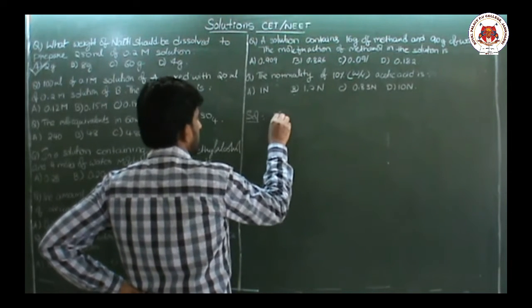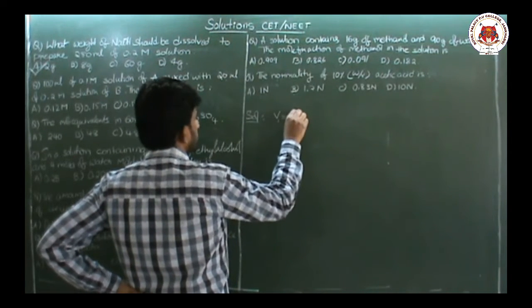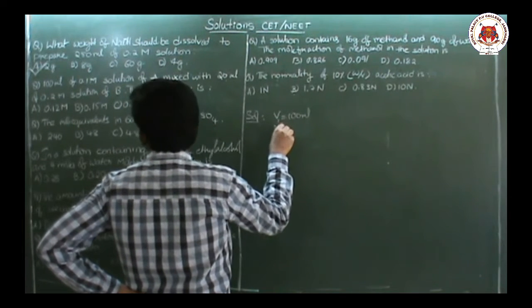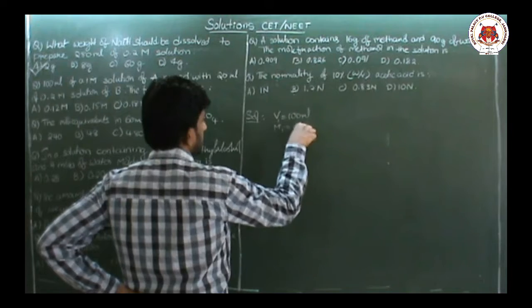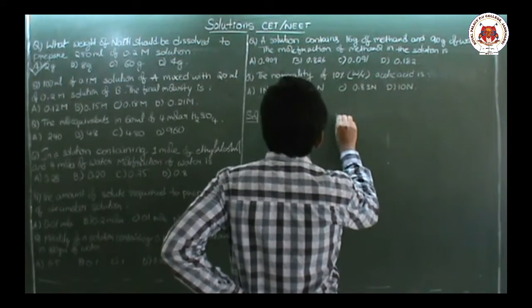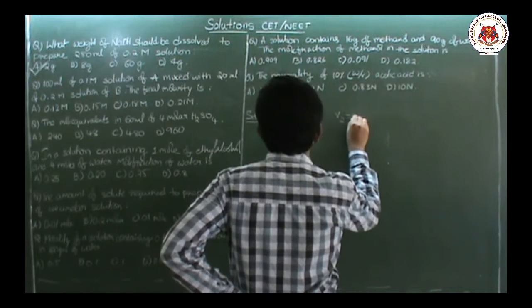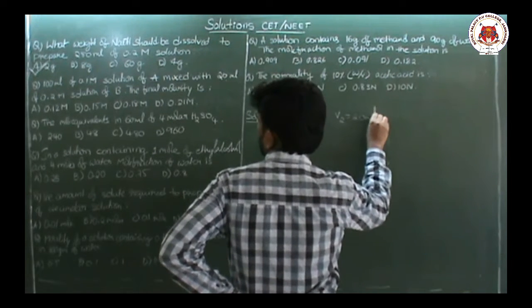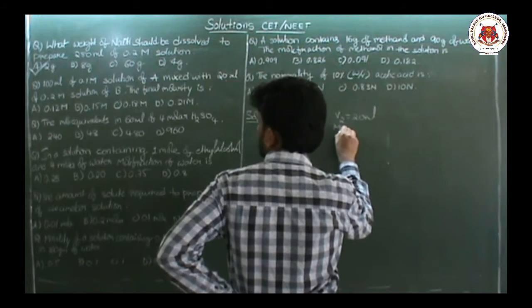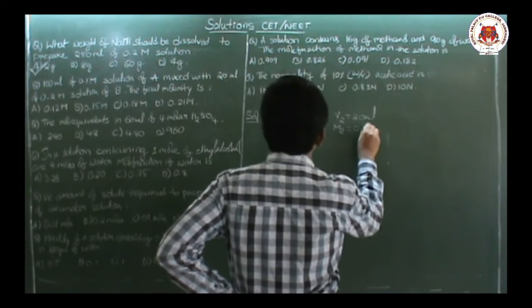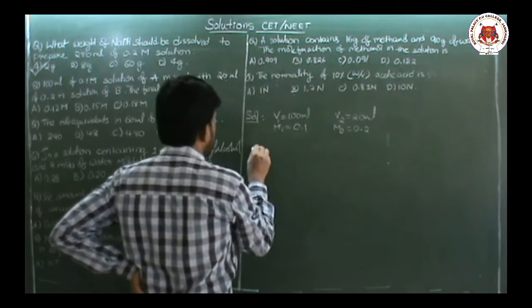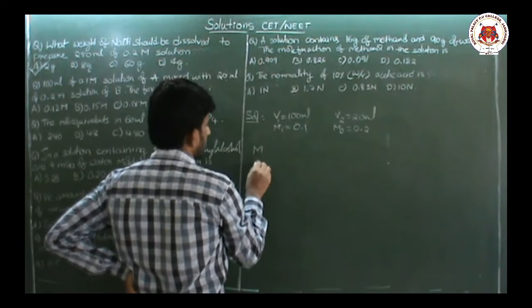Let us take V1 is 100 ml, M1 is 0.1 molarity, and V2 is 20 ml and M2 is 0.2 molarity. Then what is the final molarity?